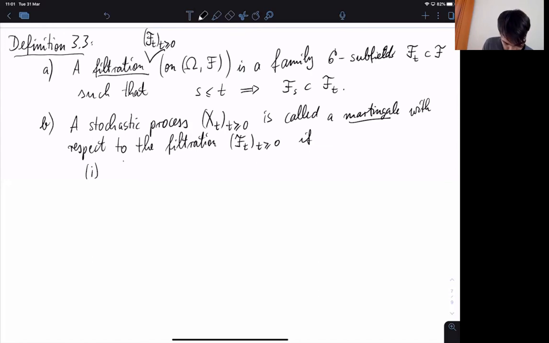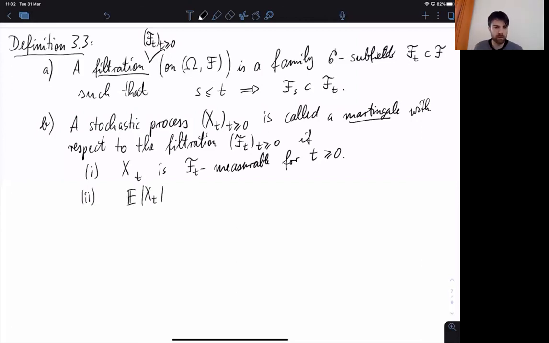First, I need that X_t is F_t measurable for all non-negative t. Then I need that X_t is integrable, so the expectation of the absolute value of X_t is finite for all t.